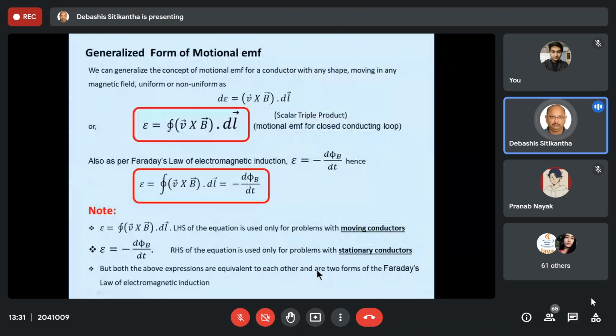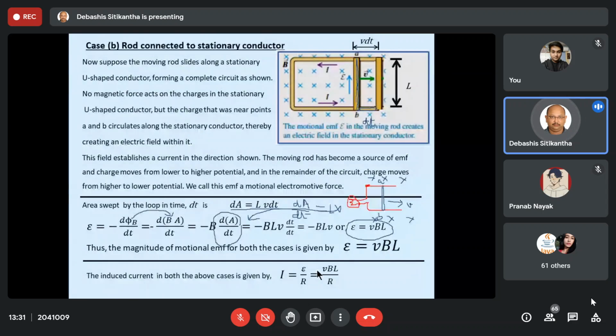Now in this particular circuit, as you can see, it is a closed circuit. So naturally a current is going to flow, and that induced current I is nothing but VAB by R. So we get the value of induced current as vBL divided by R.